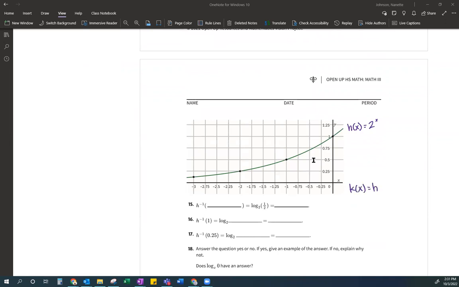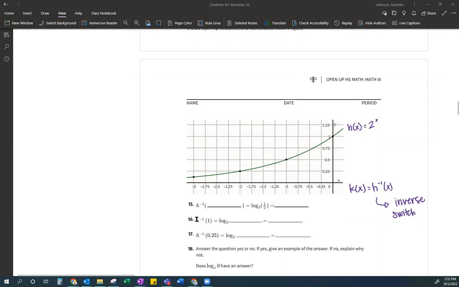Remember that whenever you're looking at a graph, and this is what I saw from some of my students, the inverse means to switch your x and y. Switch x and y.